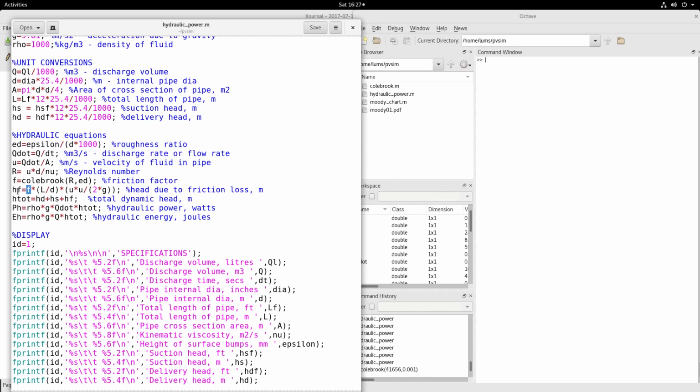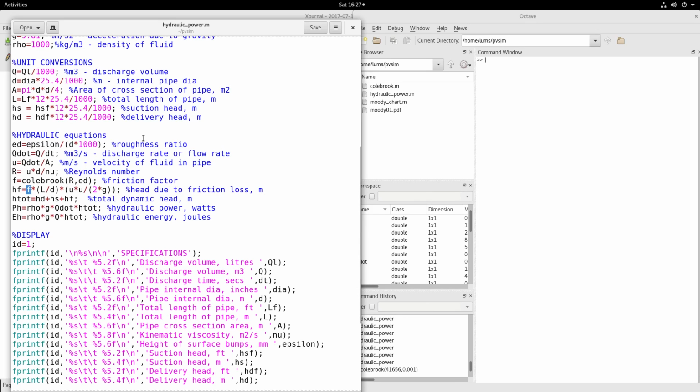Once the head due to friction loss is obtained, the total dynamic head is obtained, which is delivery head plus suction head plus head due to friction loss, all expressed in meters. Then the hydraulic power is rho into G into Q dot into the total dynamic head.